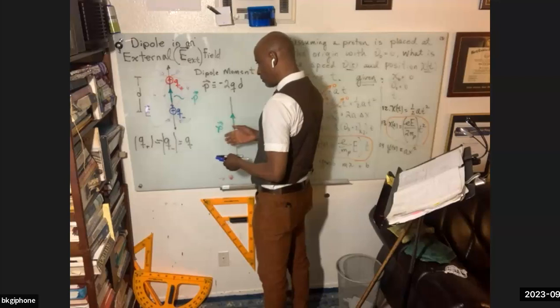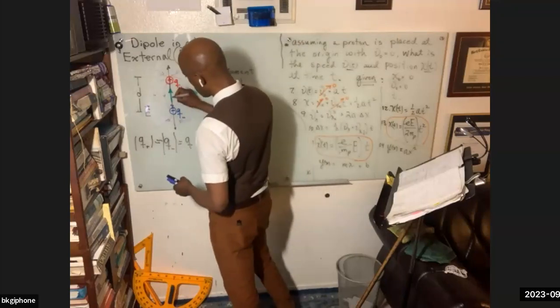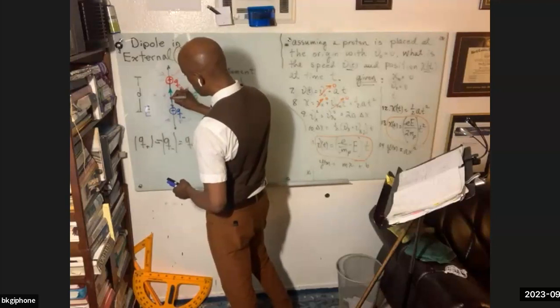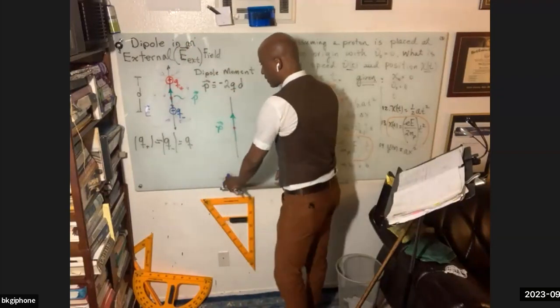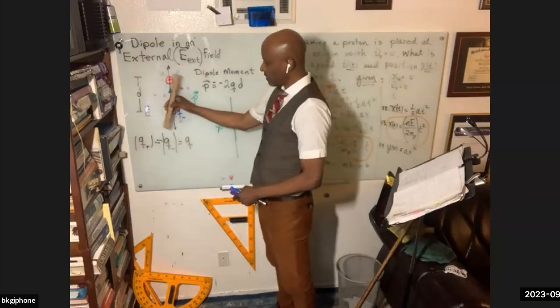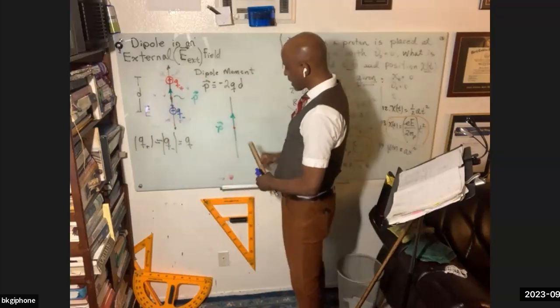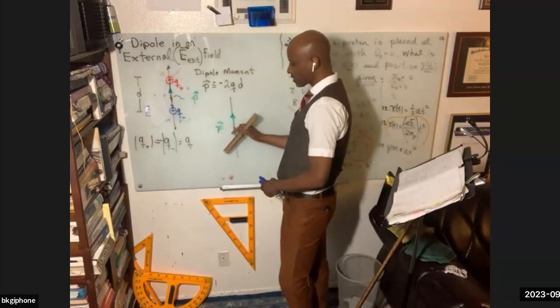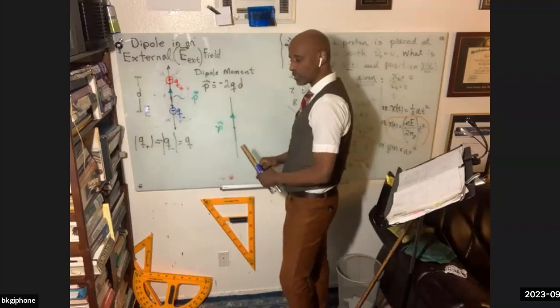It can be anywhere, but in this case, let's assume it's halfway in between the charges, right? So even though it can't translate away from that region, it's allowed to pivot, like so. We can just think of the dipole moment as pivoting. So we take all that other stuff away. All that stuff is still there, but we can just focus on this.